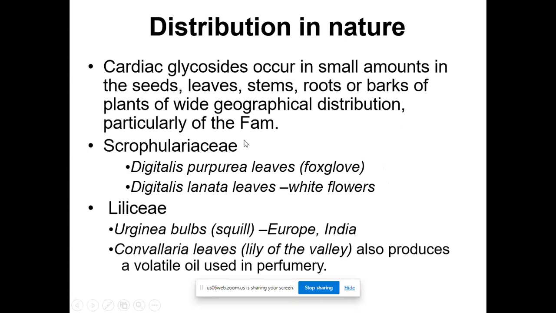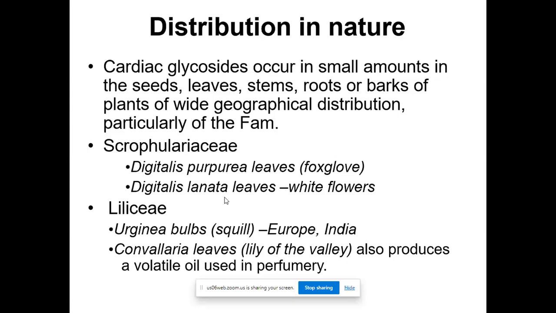For the first one, we have the digitalis, the most common one, Digitalis purpurea, also known as the foxglove, and the Digitalis lanata, which is the white flower, also known as the Grecian foxglove.